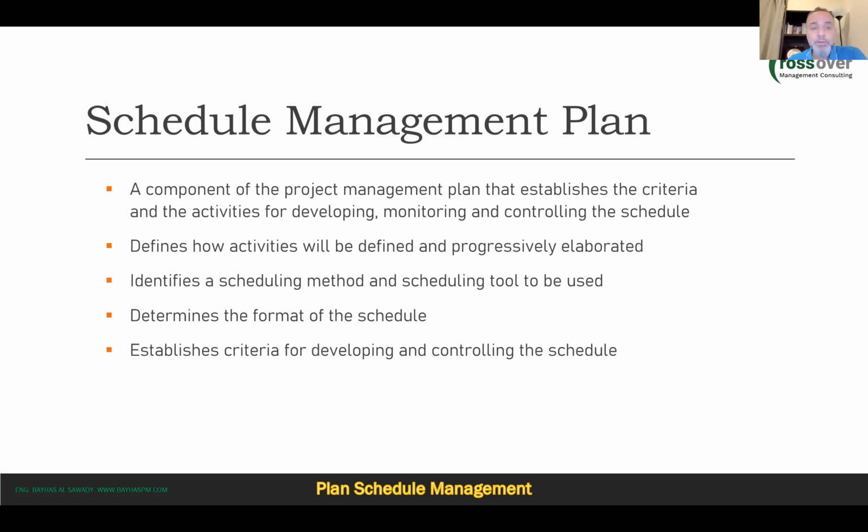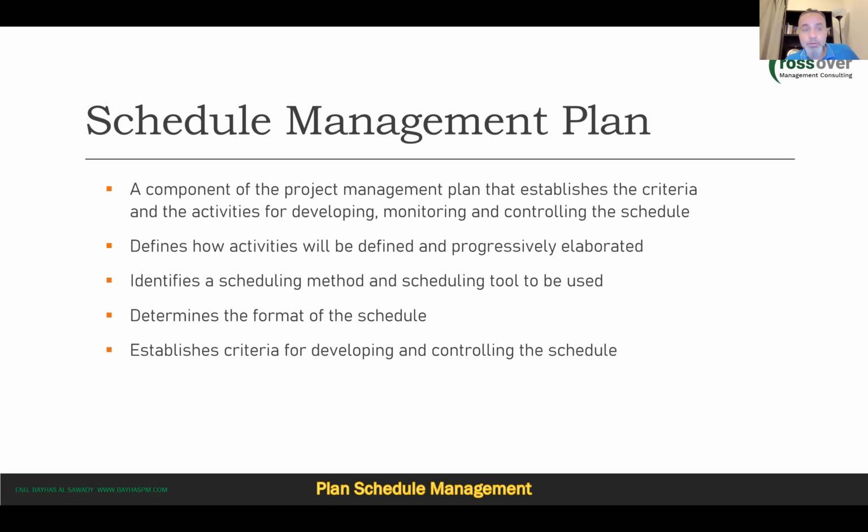So basically it defines how activities will be defined and progressively elaborated. What is the scheduling method or tool that we will use? So basically, are we going to use the critical path method or the critical chain method? Are we going to use Oracle Primavera or Microsoft Project to create the schedule and track the schedule and so on?